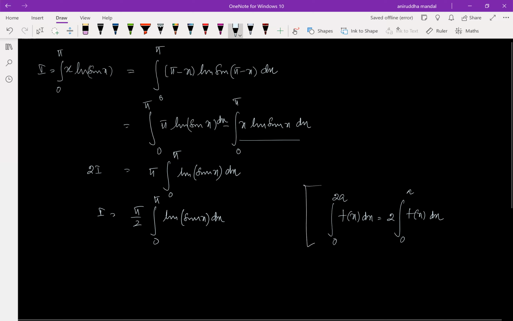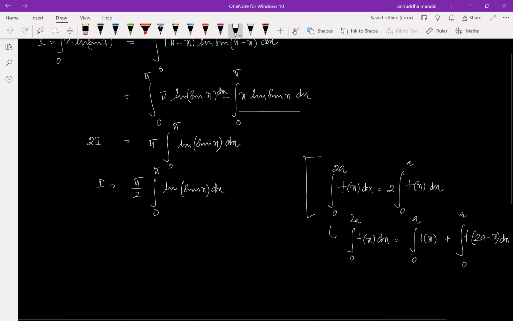This property has come from the King's rule, that is, the integral from 0 to 2a of f(x) dx equals the integral from 0 to a of f(x) dx plus again 0 to a of f(2a minus x) dx.